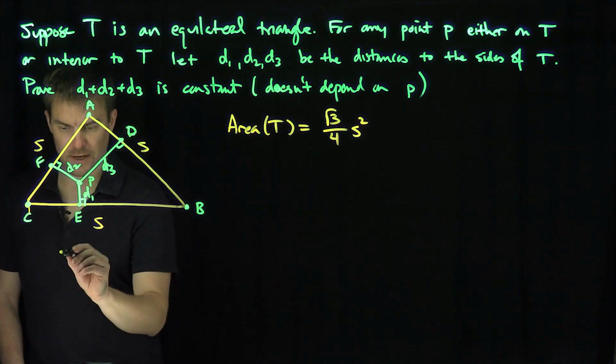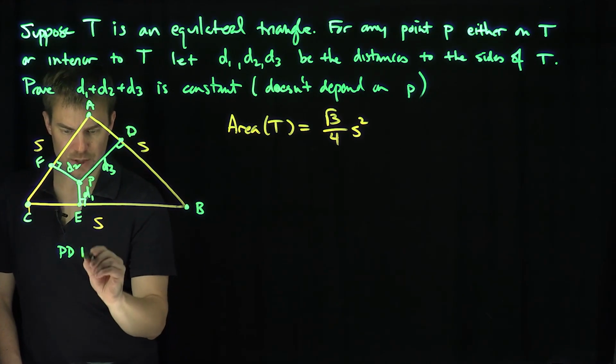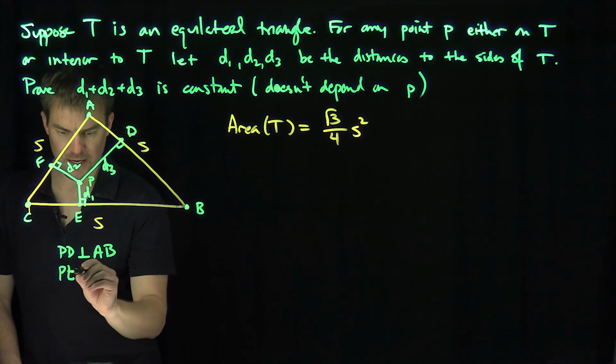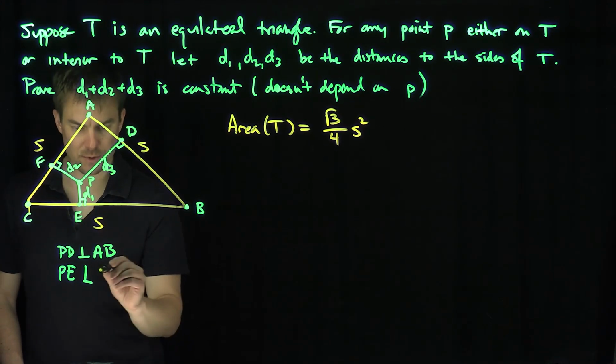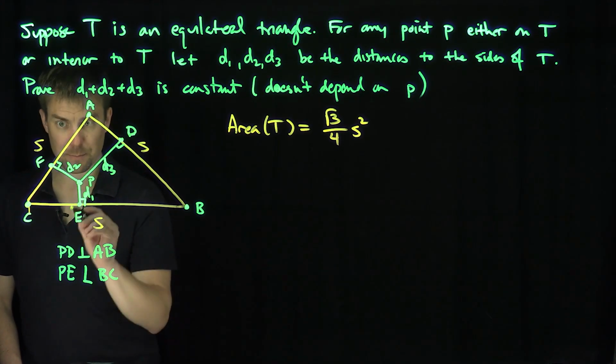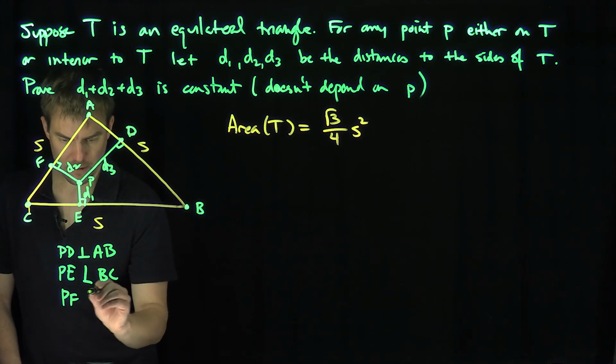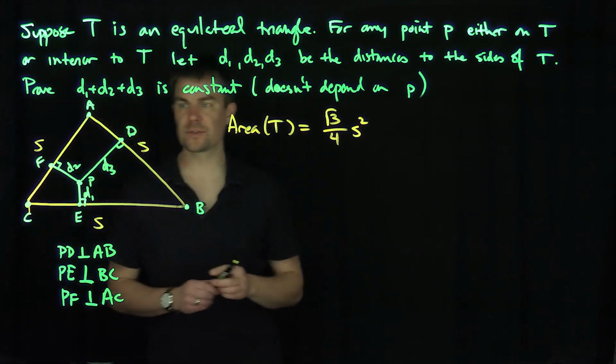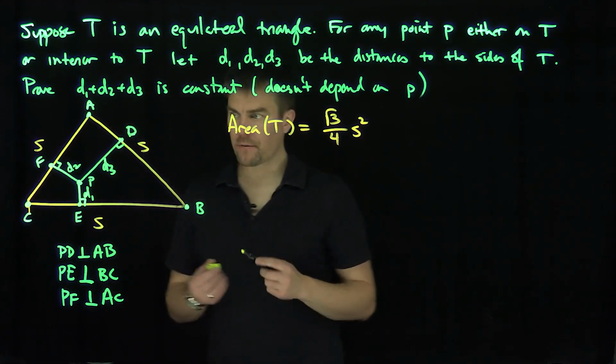We know that PD is perpendicular to AB. PE is perpendicular to CB. And PF is perpendicular to AC. Those are where the distances are.